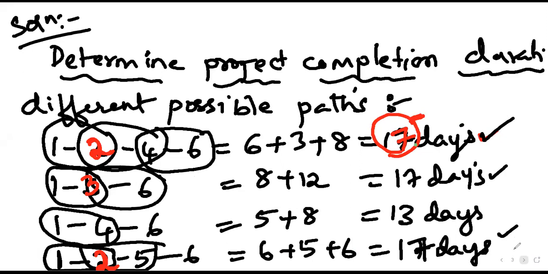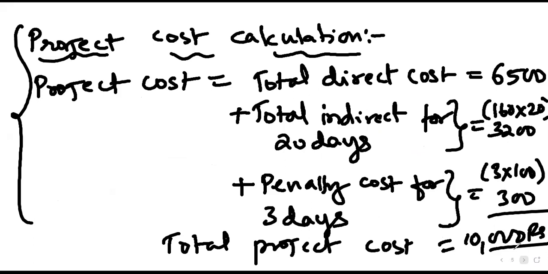So after this, let's see what we have done. We calculated the project cost. So you have to calculate the project cost for 17 days. Will the penalty cost be there? No, sir.